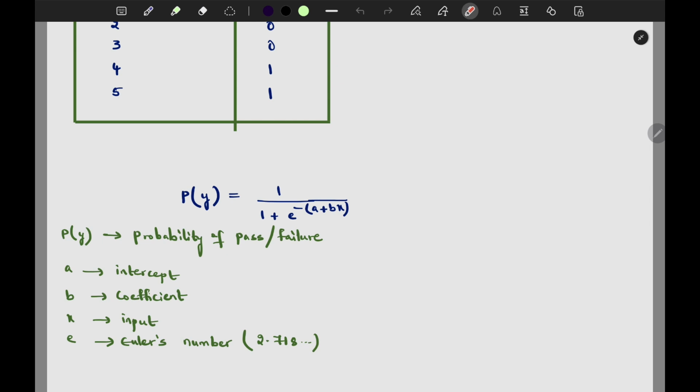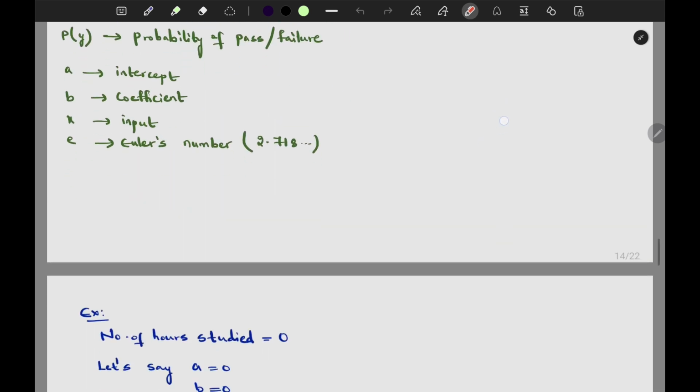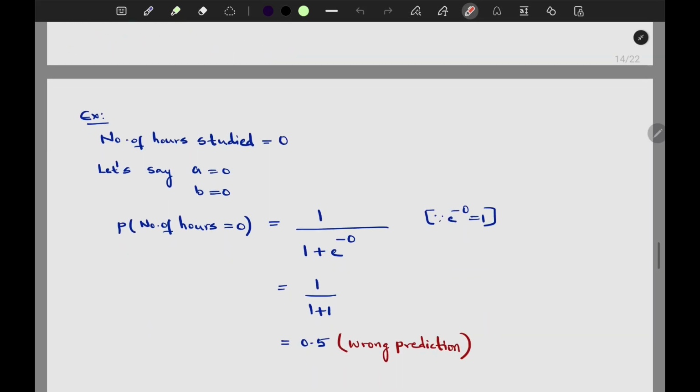Now you will be wondering how to calculate these values of a and b. For example, I'm considering the number of hours studied by a person is 0 hours. If it is 0 hours, we definitely know they're going to fail. There is no doubt in that. So I'm assuming the values of a equals 0 and b equals 0 as the initial condition.